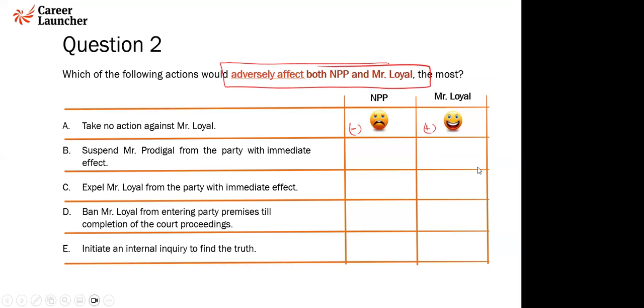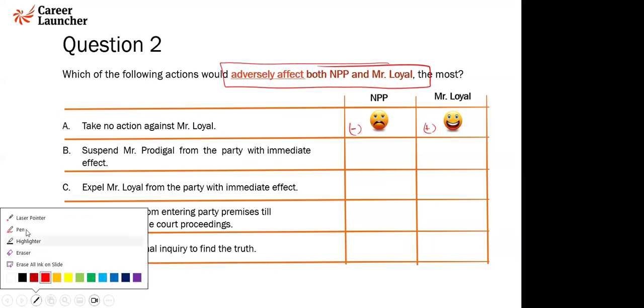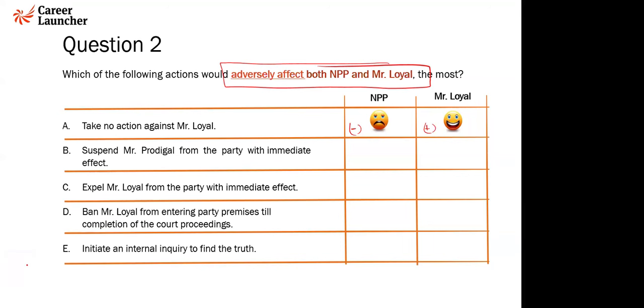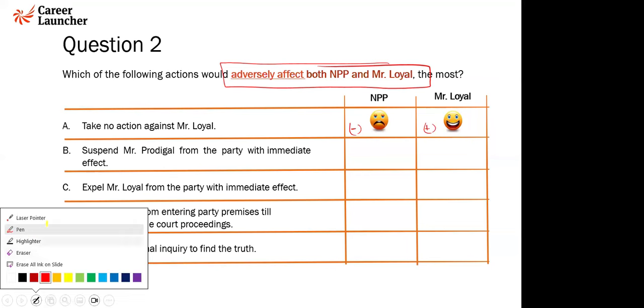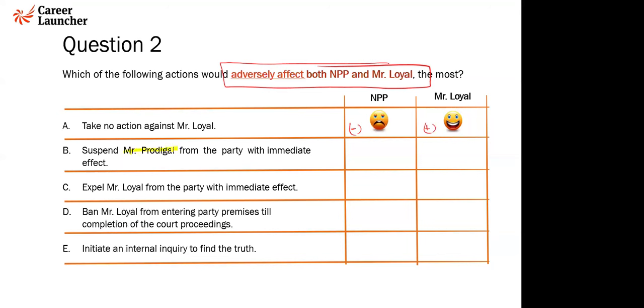Okay. Next one. Suspend Mr. Prodigal from the party with immediate effect. What does this mean? It doesn't mean anything actually.